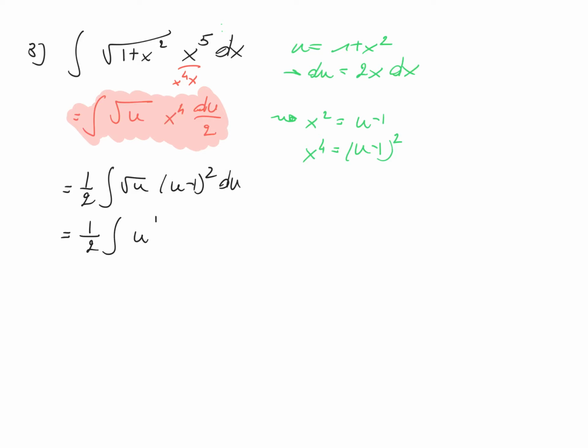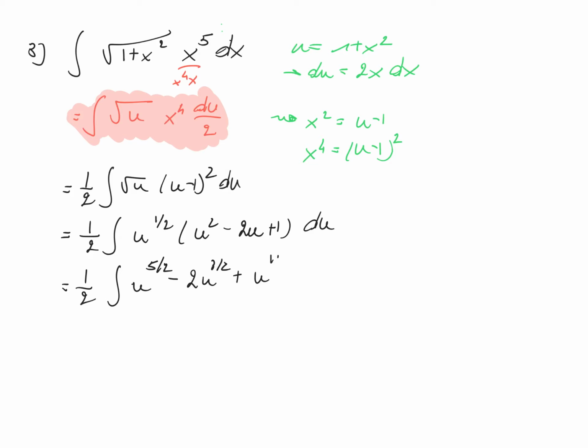So this is u to the power 1/2 times u squared minus 2u plus 1 du. You put them together, so this is u to the power 5 over 2 minus 2u to the power 3 over 2 plus u to the power 1/2 du.